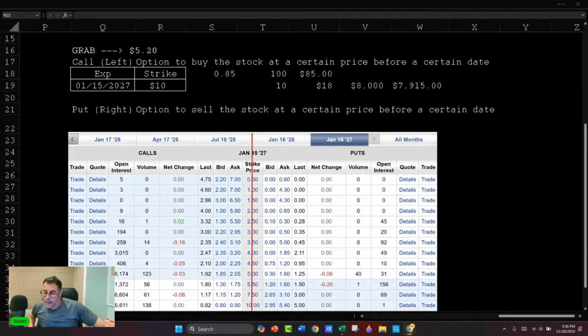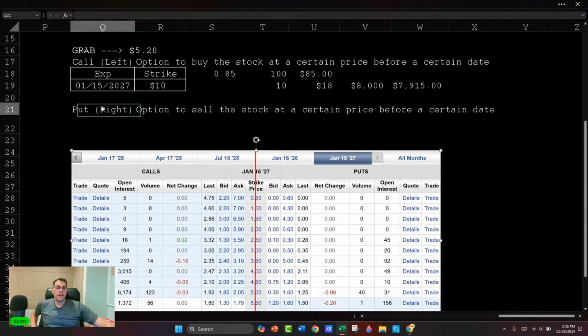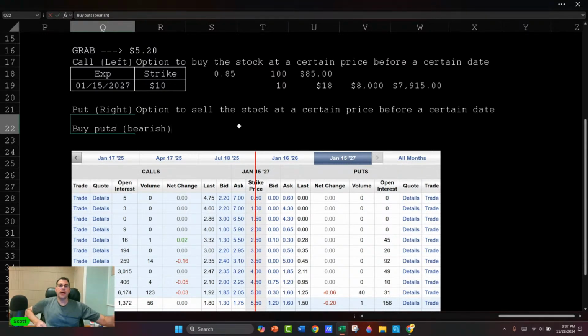So selling cash covered puts outperforms selling cash covered calls. When you sell cash covered puts, because if you buy puts, you're bearish. So you're thinking it's going to go down in price, the stock.